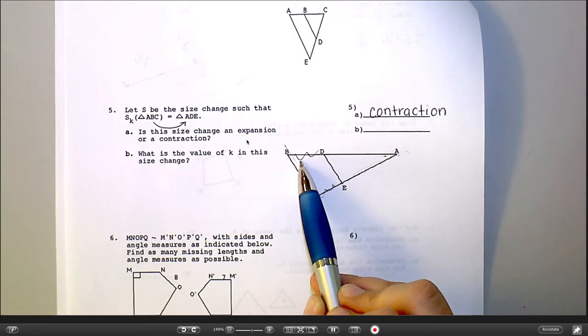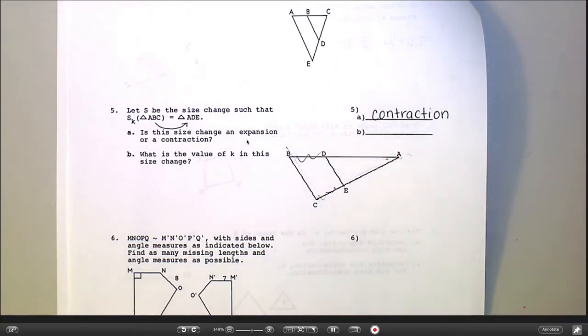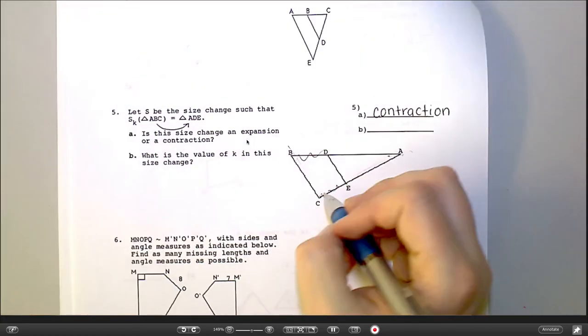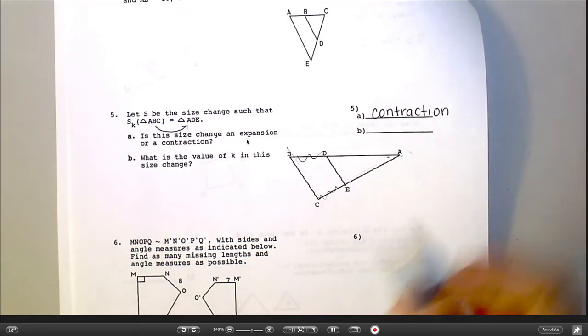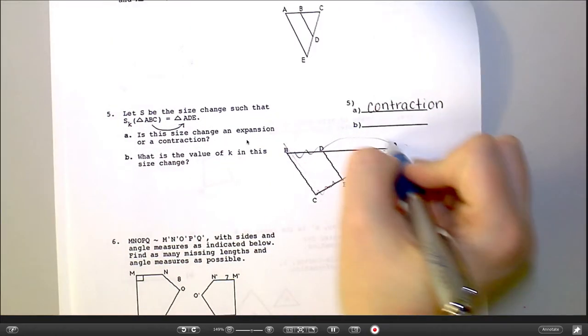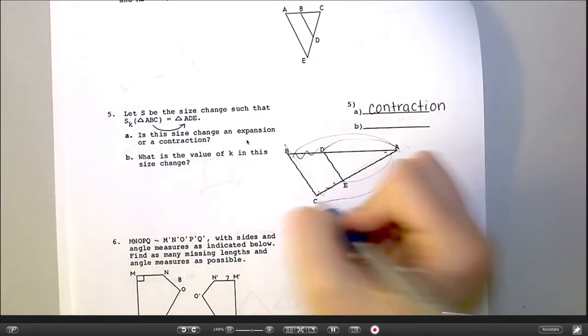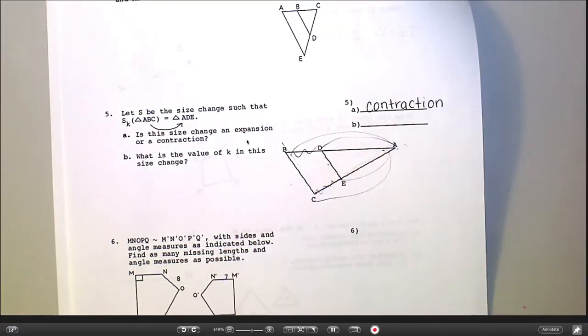Does that make sense? I guess you could piece it together if you wanted to, and it doesn't matter which set of sides you go with. You could measure these 2, or these 2, or even these 2. You just want it to be a pair of sides that corresponds. Technically, you only have to do 1 pair of sides, but I always do 2 just to make sure they're coming out about the same.